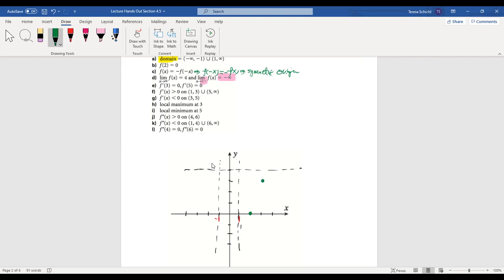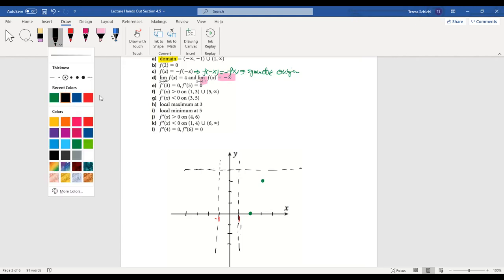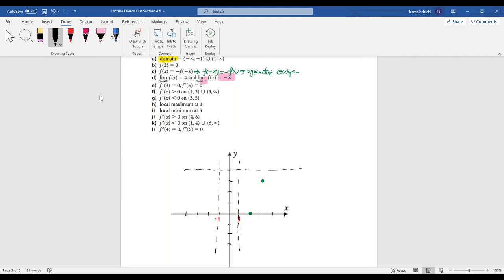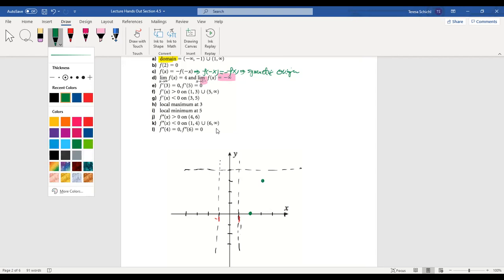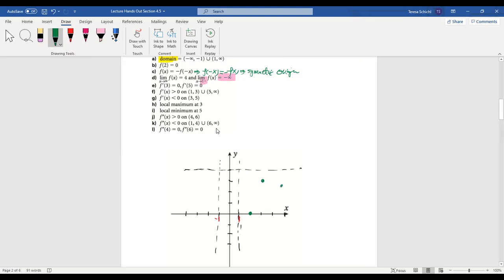Then f prime of 5 is equal to 0 also. So 1, 2, 3, 4, 5. I'm going to have some value here. Of course I cannot get it exact because I don't know the function values.